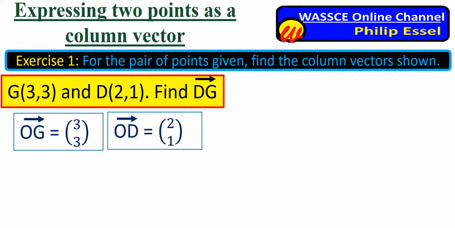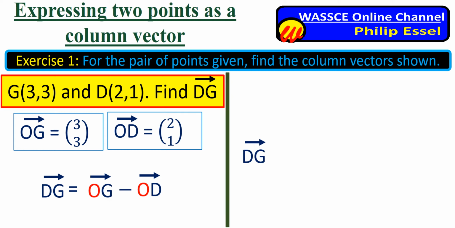Now let's break down or resolve the vector DG into its component position vectors. When we do this, we will get DG to be equal to the position vector OG minus the position vector OD. At this point, all we need to do is to substitute our position vectors into the equation to be able to find the value of our vector DG. So let's do that.